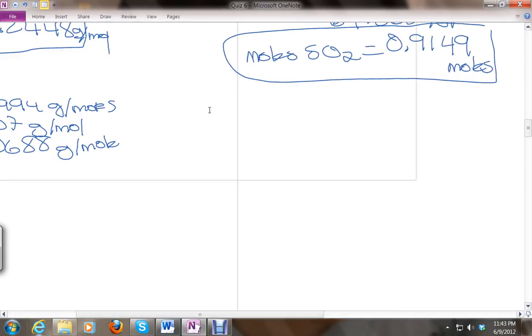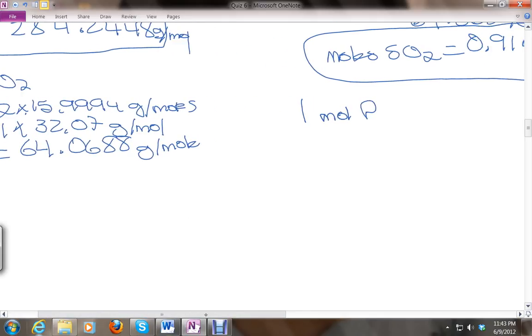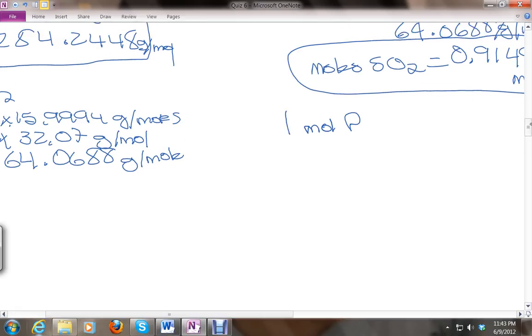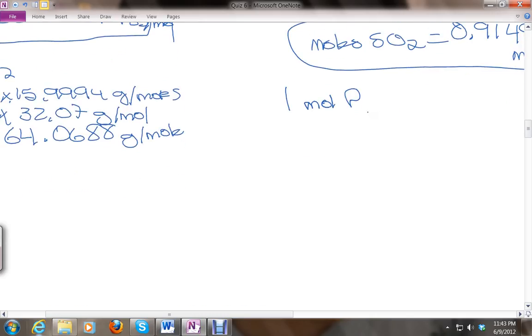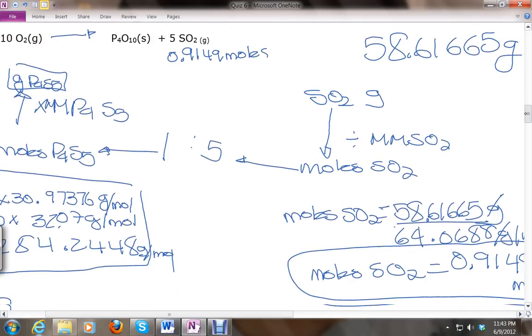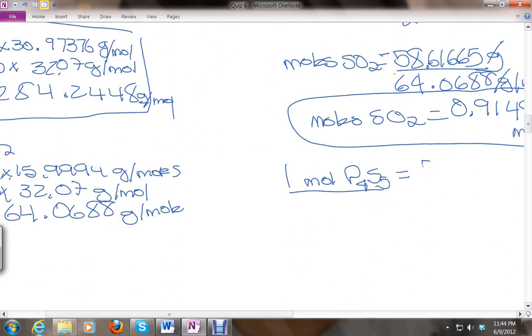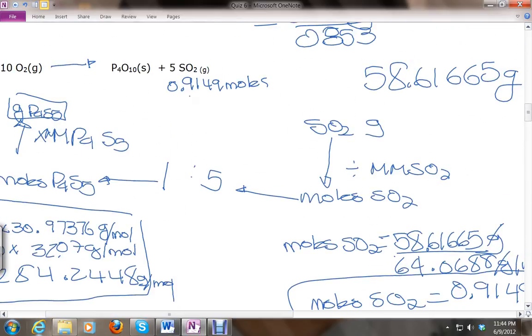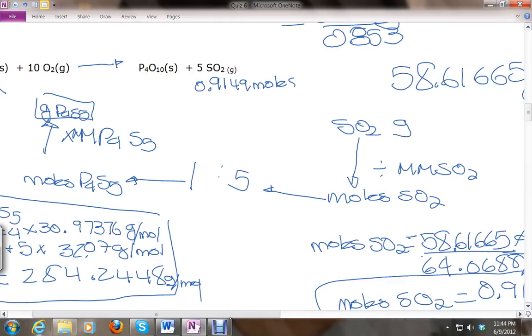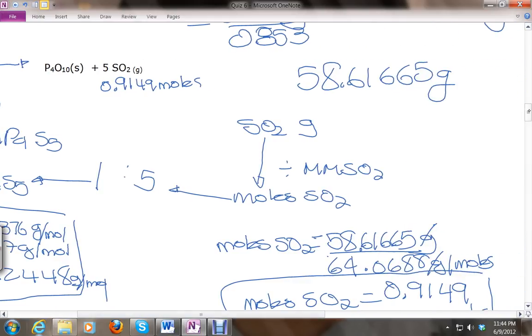So here would be the stoichiometry: 1 mole of the P4S5 will produce 5 moles of SO2 according to the chemical reaction. And if you have a doubt, just put the equation up and the calculations down on the bottom.